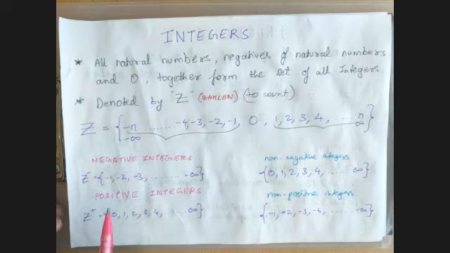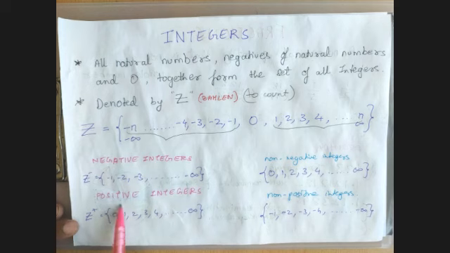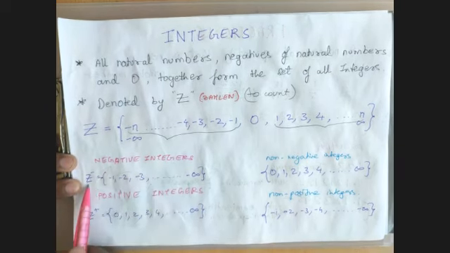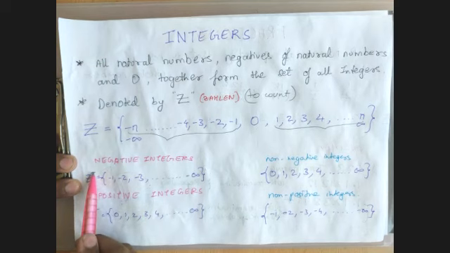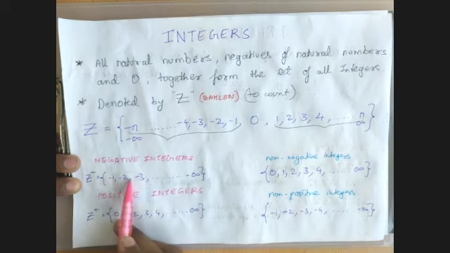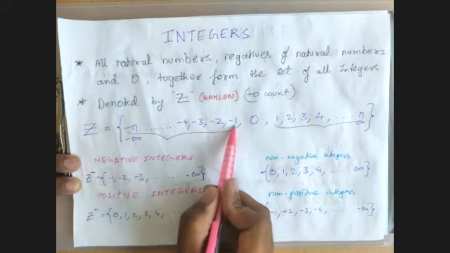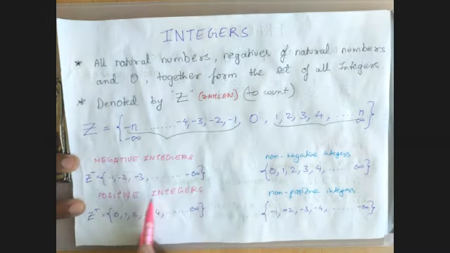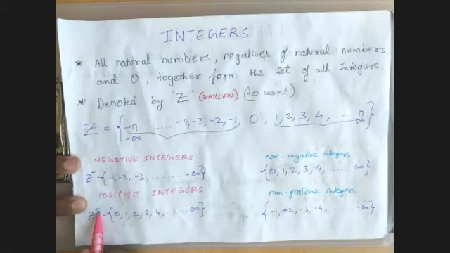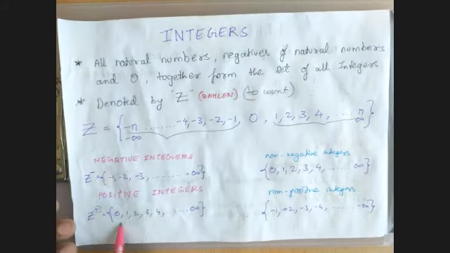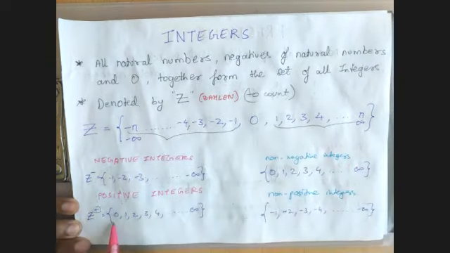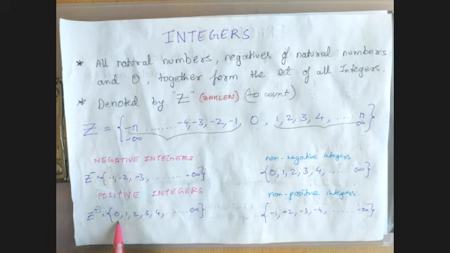So we can further classify them into negative and positive integers. So what are negative integers? It is denoted by Z minus, showing that they are negative. They are all the negative integers, that is -1 till -infinity. And the positive integers are denoted by Z plus, indicating positive integers, and they go from 0 till infinity. 0 is included as a positive integer.